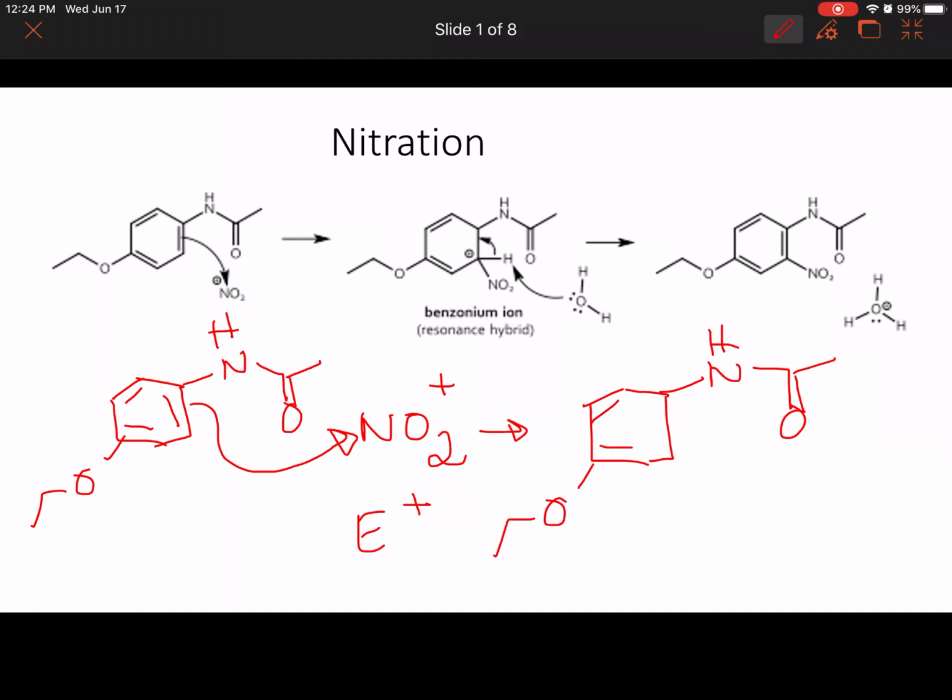And then you can see the pi bond on the benzene, 2 electrons have been used to form a bond with the nitro group. And you know that on the benzene ring, though we don't write them, there are hydrogens on each of these positions, only the positions where you do not have any substituents.